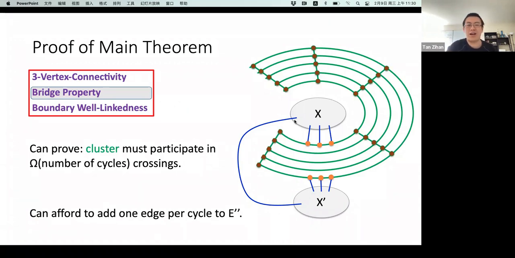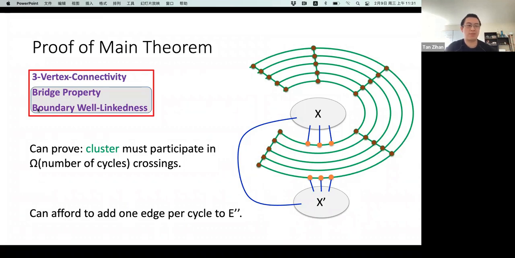So we are allowed to delete one edge per cycle. We can afford to do so. We can charge them to the crossing number. This is the way we replace the second property with a weaker property, called the bridge property, and get around it. And it turns out that with some delicate operations, we can ensure these two properties together.